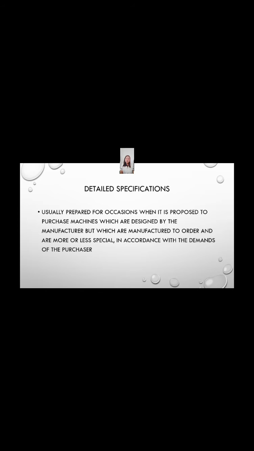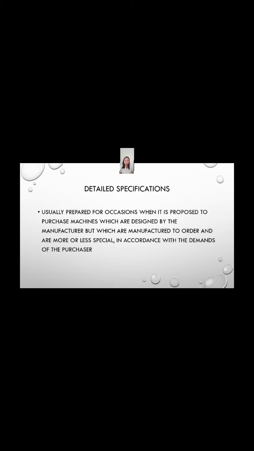So, in shorter terms, detailed specification is limited edition. It is designed by the manufacturer but manufactured to order and is more or less special. So, technically, detailed specification is made-to-order machinery, and it is limited edition.